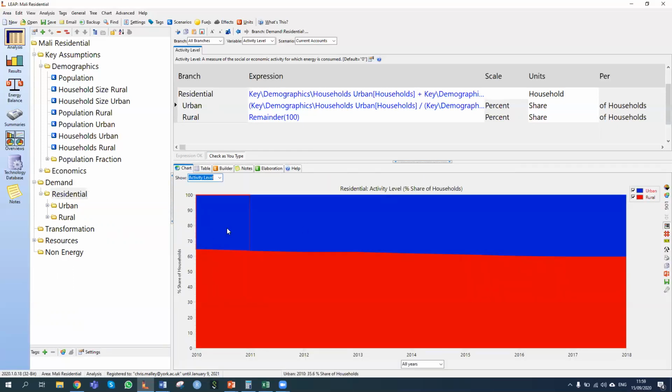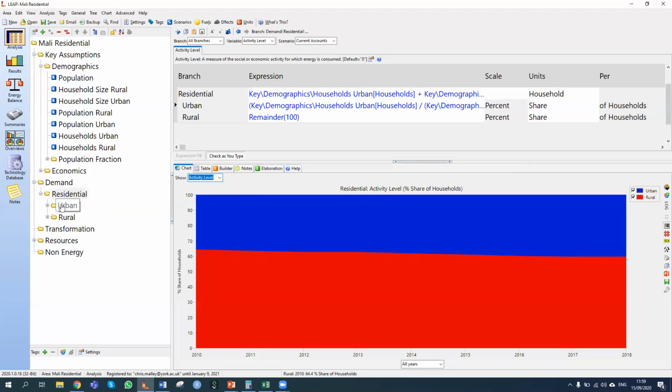So that gives us the percentage of urban households. The number of rural households is then calculated by subtraction. This function here called Remainder(100) takes the number 100 and subtracts the percentage of urban households to ensure that this value always adds up to 100.